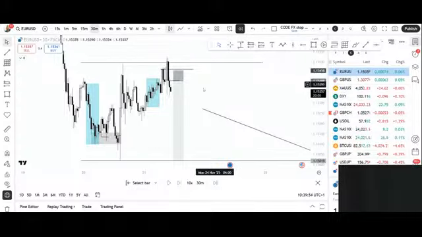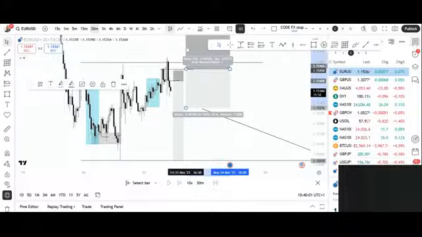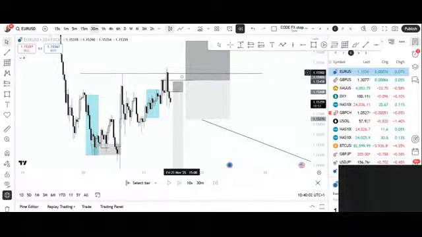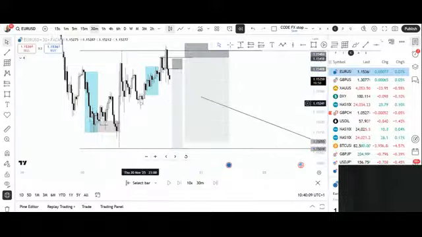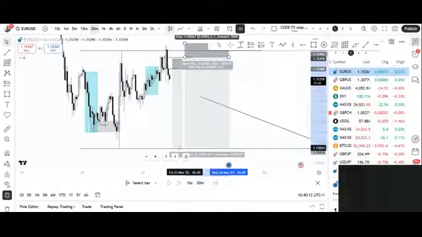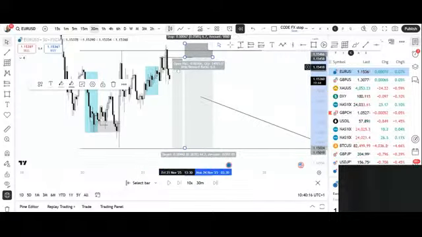So if we like it or not, we can either take this or we have another entry just up here. To be safe, just cover this guy the same 5 pips thereabout, and then target this low, right? But I think that it's gonna have to just touch this guy and then drop.